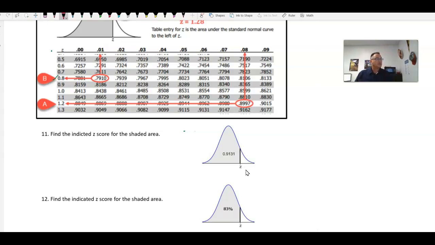Okay, so what I'm going to do is I'm going to look for this number in the body of my table.